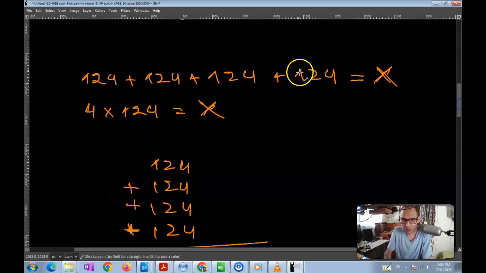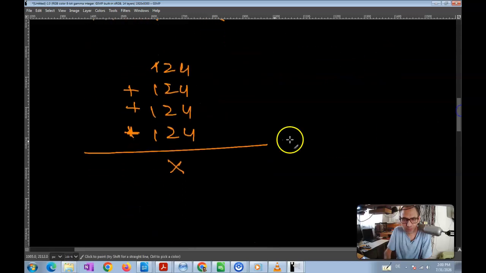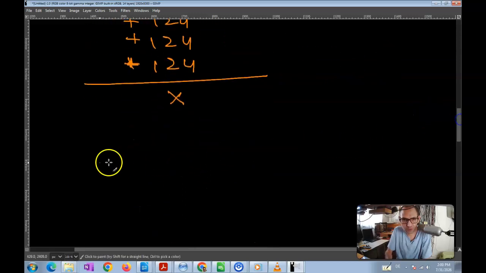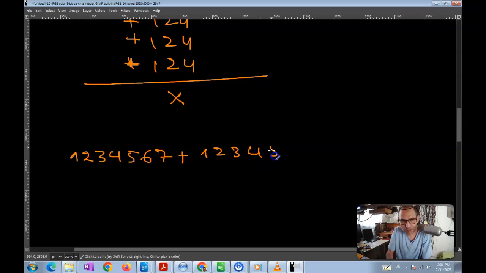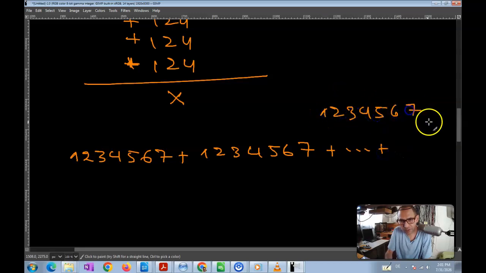And also this number of course can grow larger and larger, all the way up to infinity. For example, instead of 124 you could have 1 2 3 4 5 6 7, plus 1 2 3 4 5 6 7, plus all the way up to 1 2 3 4 5 6 7, and that would be equal to some number x.